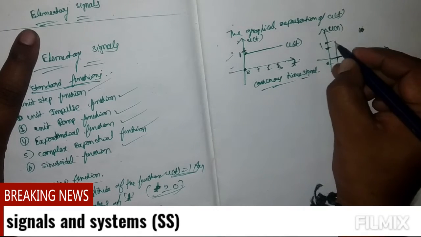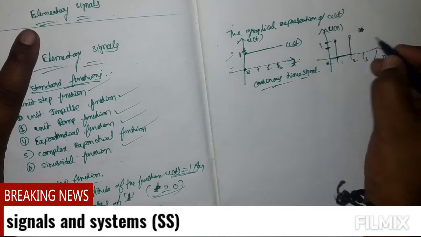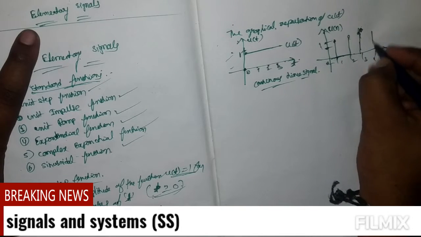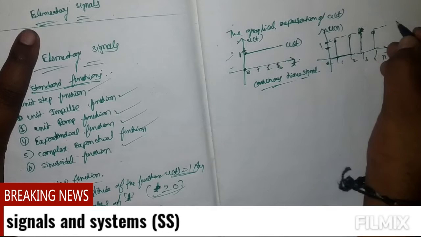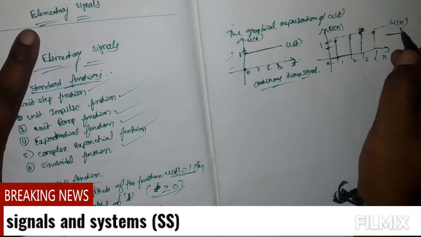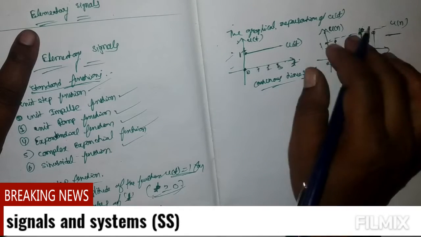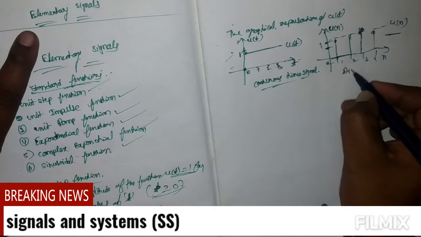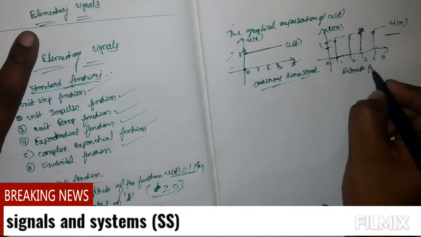This is u of n, the unit step function for discrete values, a discrete time signal.